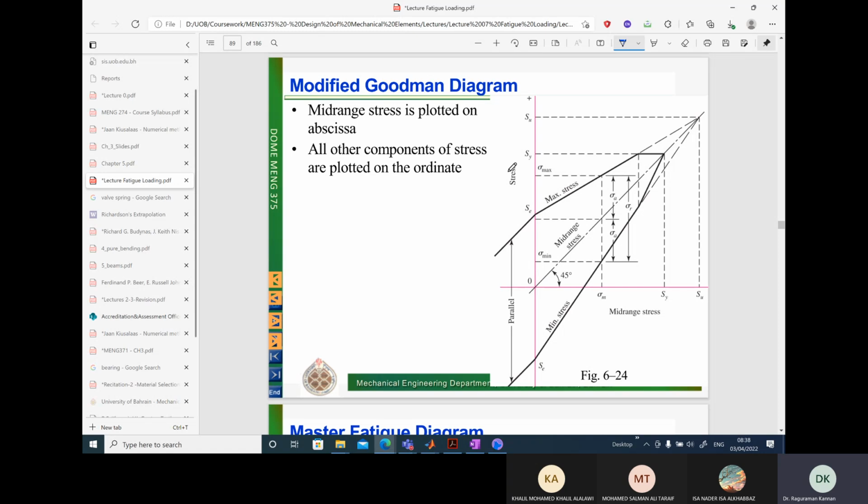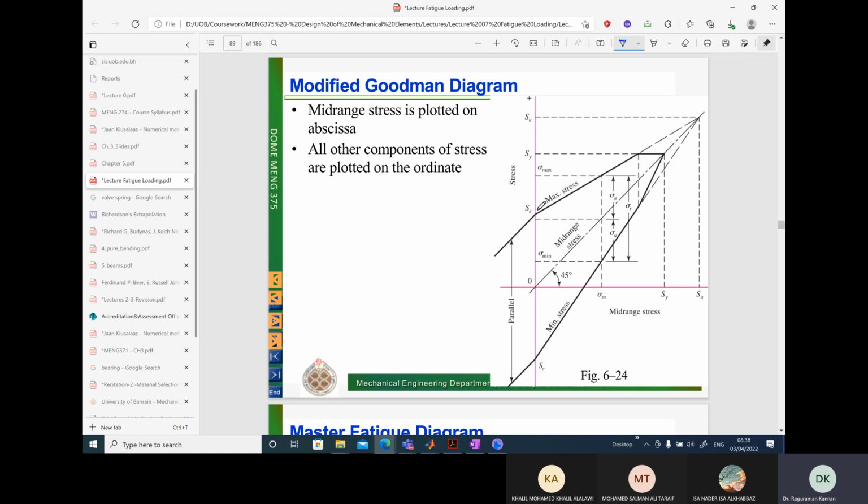In the modified Goodman method, we have a plot of, again, mean stress and amplitude of stress, just as we said before. And here we have a plot of the failure envelope. You can think of it like the failure envelope for the static failure case.